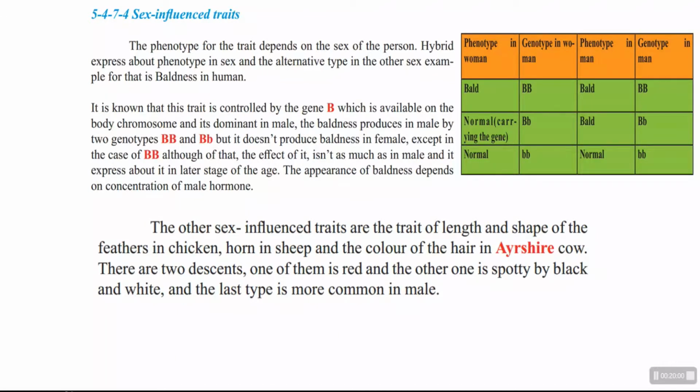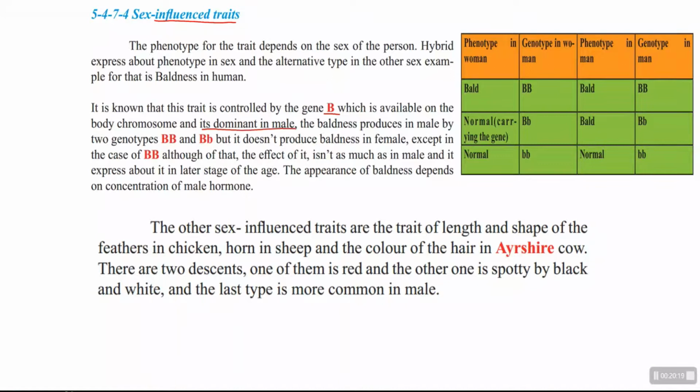That means the trait is not located on the sex chromosome, but it is influenced by it. The sex of the organism affects the working of genes, or the effect on the phenotype of the organism with that gene, which is available on the body chromosome.